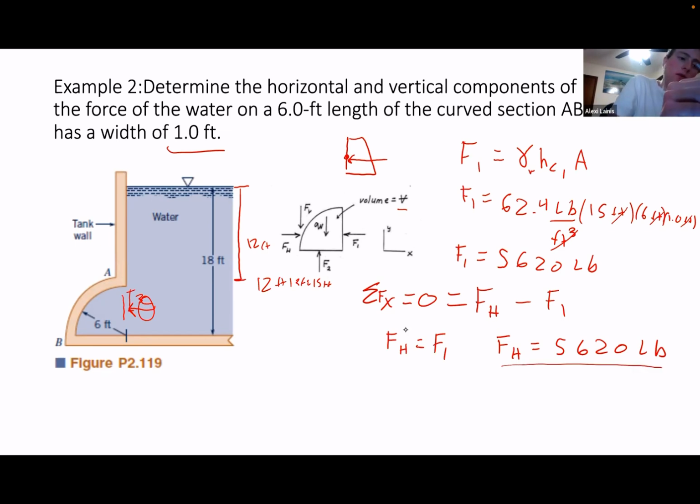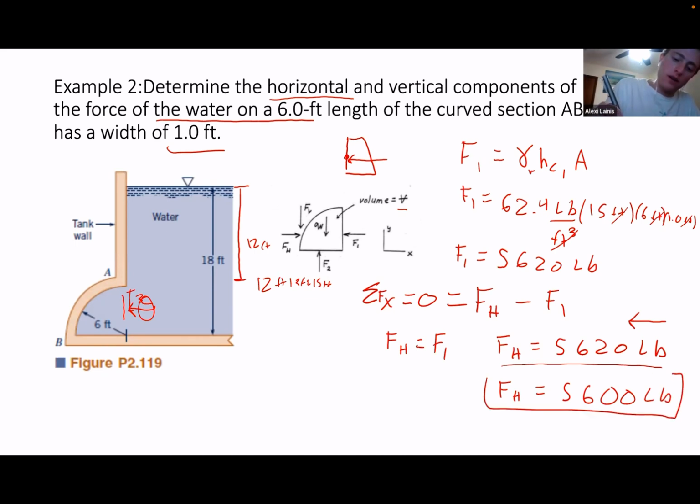But we want the horizontal component of the water on the wall. In this free body diagram, this is the wall force on the water. We want the opposite, so it's going to be going leftward. And because of significant figures, I put 2 significant figures, 1.0 feet, 6.0 feet. We're going to round that, and that force horizontal is going to be 5,600 pounds. So that's our answer right there. We use units throughout, and we have the correct number of sig figs.